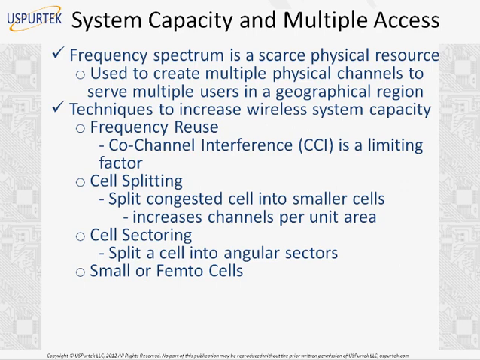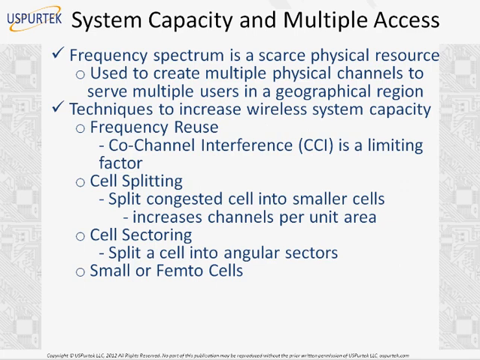So one very popular technique which has been used since the beginning of digital communications is frequency reuse, where we serve one set of users with one frequency, and again we reuse it. Now in this case, the co-channel interference will be a limiting factor, as we'll see in a little more detail in the next slide.